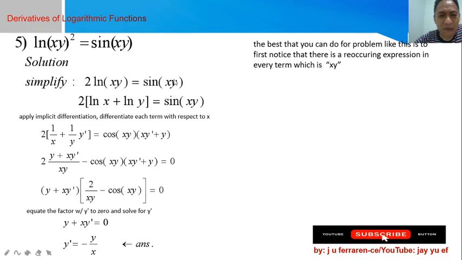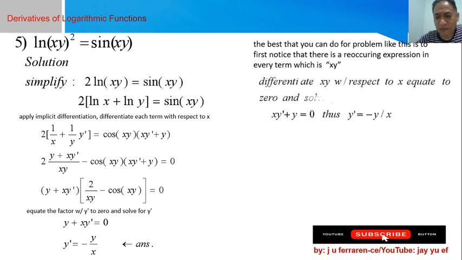Because it is from this expression that the derivative can be taken. So, to continue, differentiate xy with respect to x and equate the result to 0, and you solve for y prime. What is the derivative of xy? It is xy prime plus y equal to 0. Thus, your y prime is equal to minus y over x.